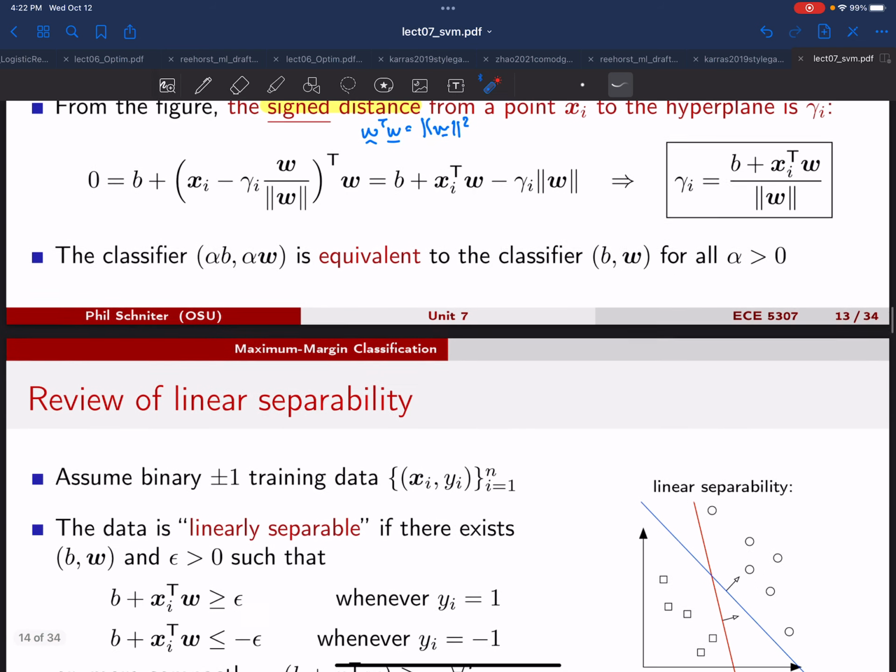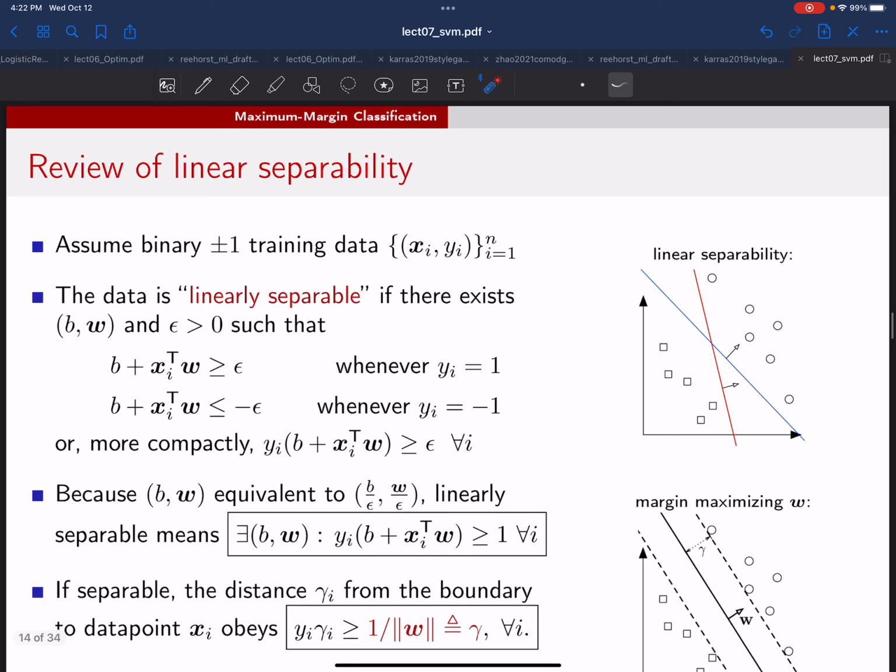Okay. So now let's review this concept of linear separability, which we talked about back in Unit 5. In Unit 5, I think we basically explained the main idea. We didn't use any math at the time, didn't really need to.